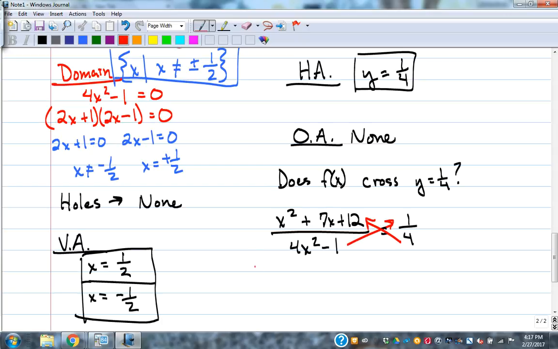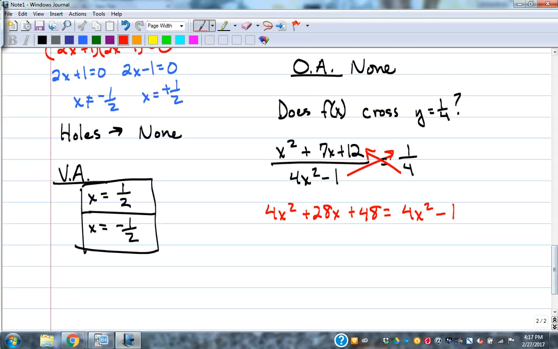bottom times top, I get 4x squared plus 28x plus 48 equals 4x squared minus 1. And then I need to try to get like terms together here. Subtract 4x squared.